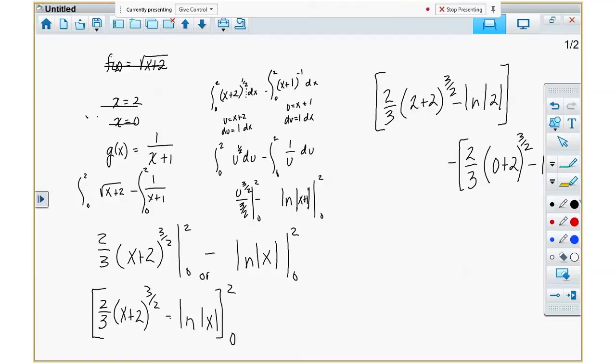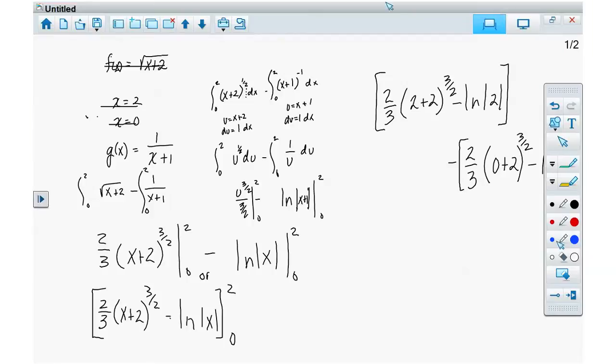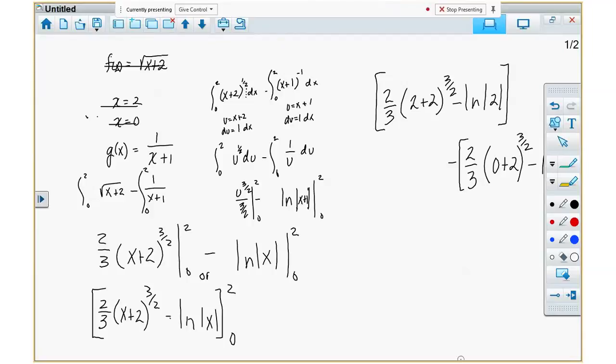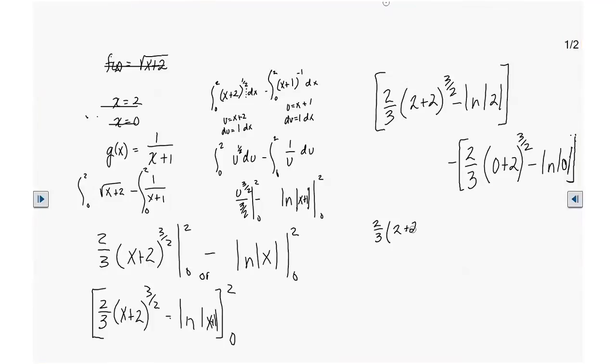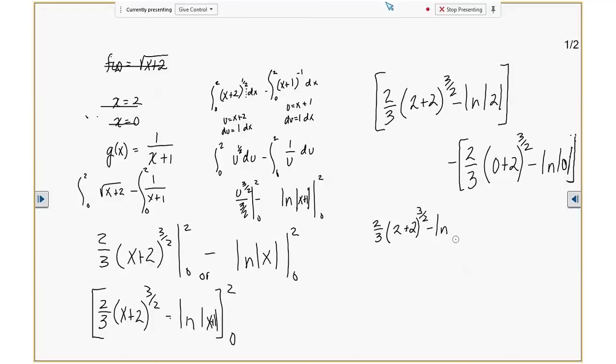Okay. So we've got, this is x plus 1 right here. So 2/3 times 2 plus 2 to the 3/2 minus natural log of 2 plus 1, which is natural log of 3, right?